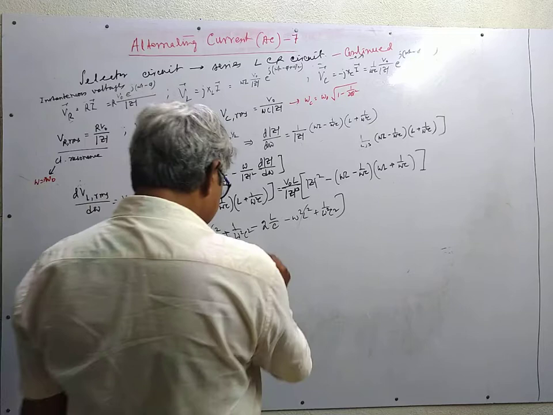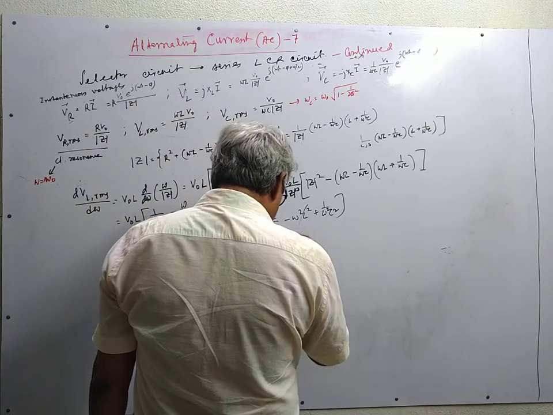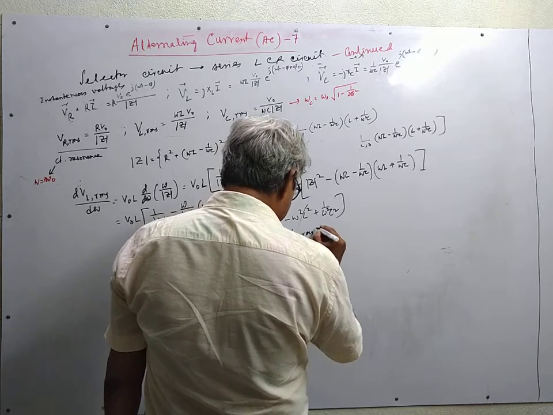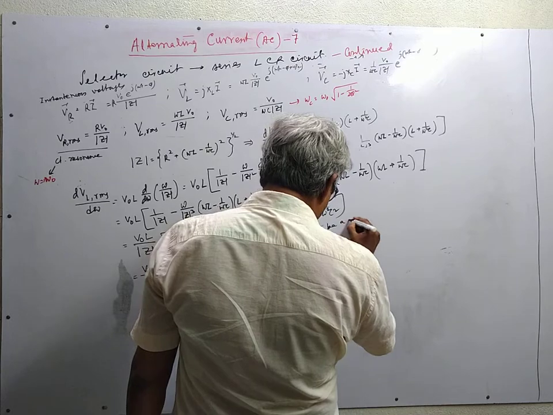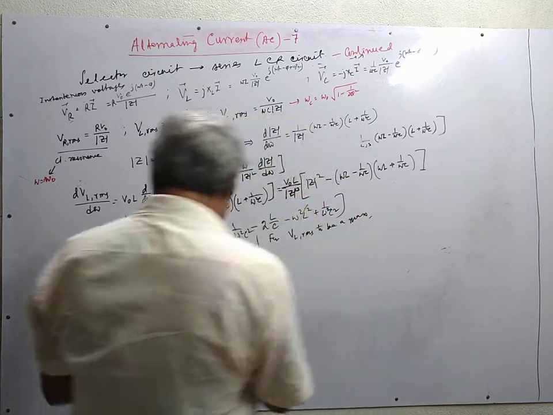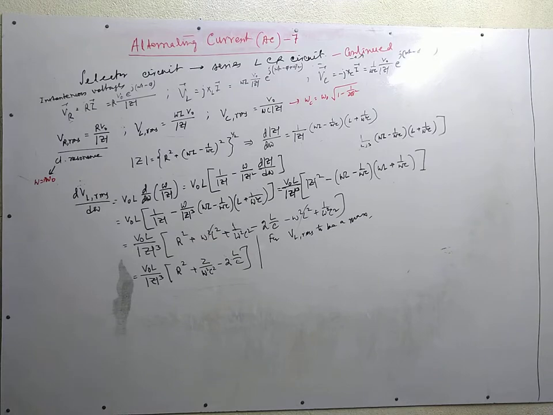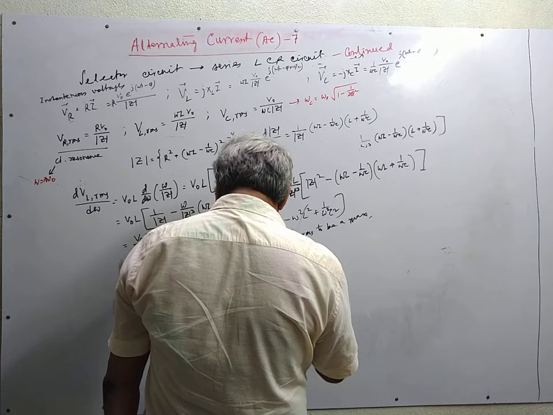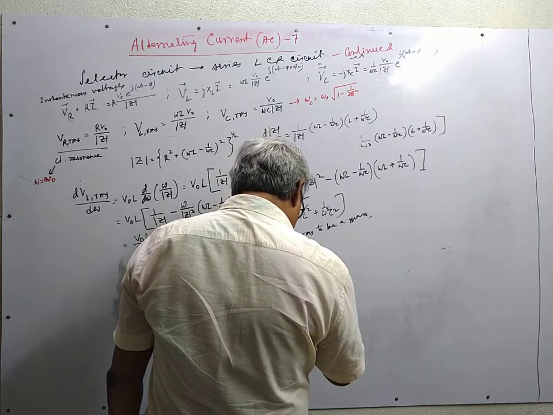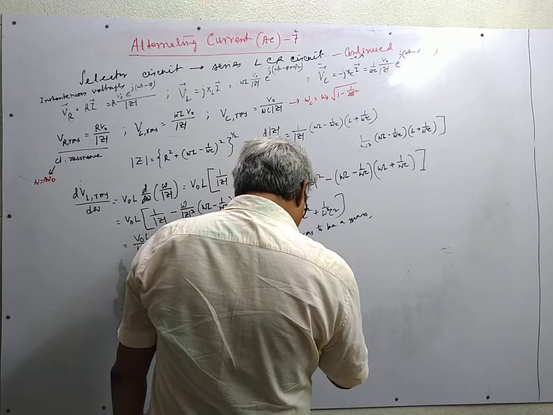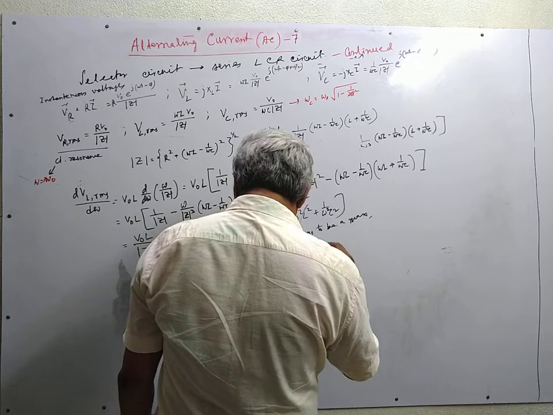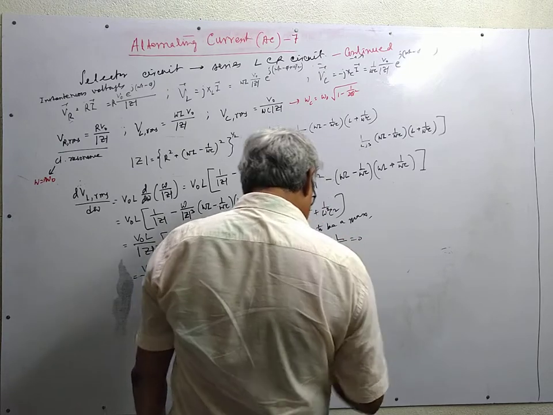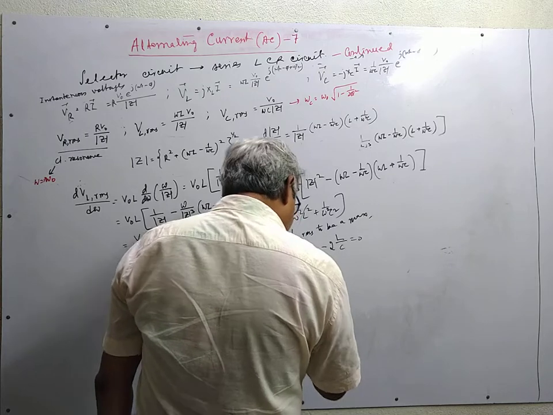Now for VLRMS to be a maximum, one must have the quantity within the bracket 0, that is we have R square plus twice omega square C square. This is called omega L because it is the value at which the maximum of VL occurs, is equal to 0.